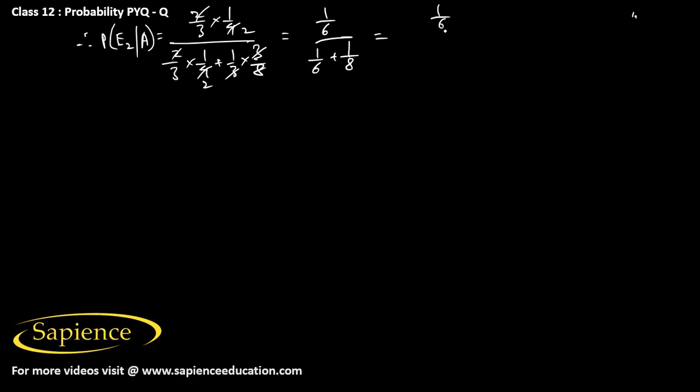So this would be 1 by 6 divided by the LCM of 6 and 8, that is 24, so 6 4s are 24, 3 8s are 24. So this is 1 by 6 times 24 by 7, and 6 4s are 24. Therefore, the answer is 4 by 7. So this is the final answer. Thank you.